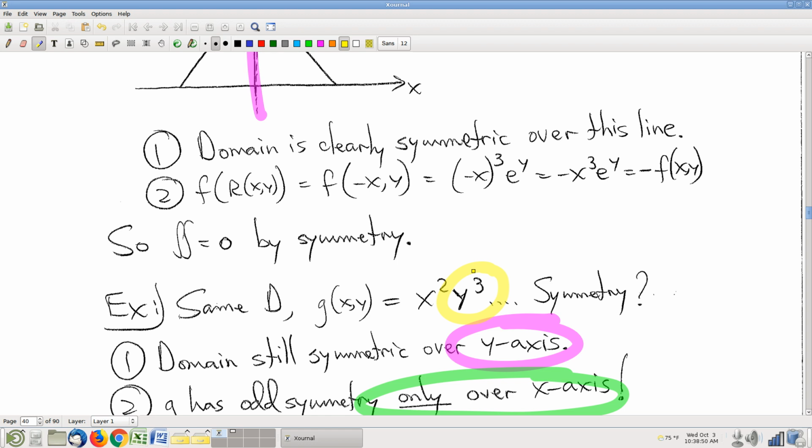And if you think about it, a minus sign on the y is a reflection over the x-axis. So even though each of them is symmetric over a different line, there is no single line over which both the integrand and the domain are symmetric. So there is no symmetry argument that you can make to do this last example here.